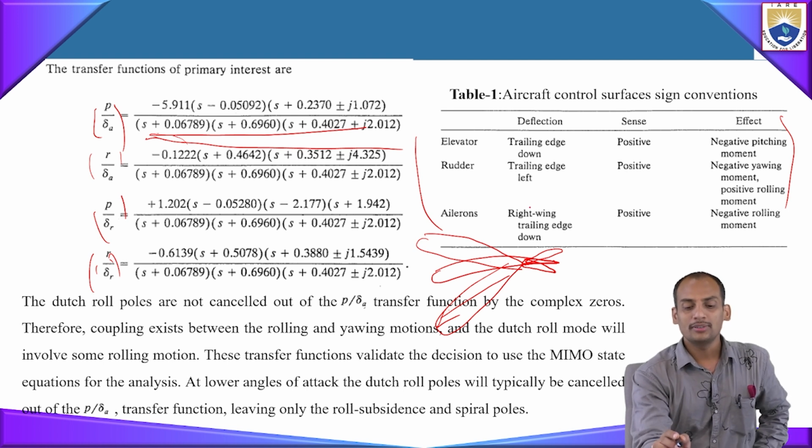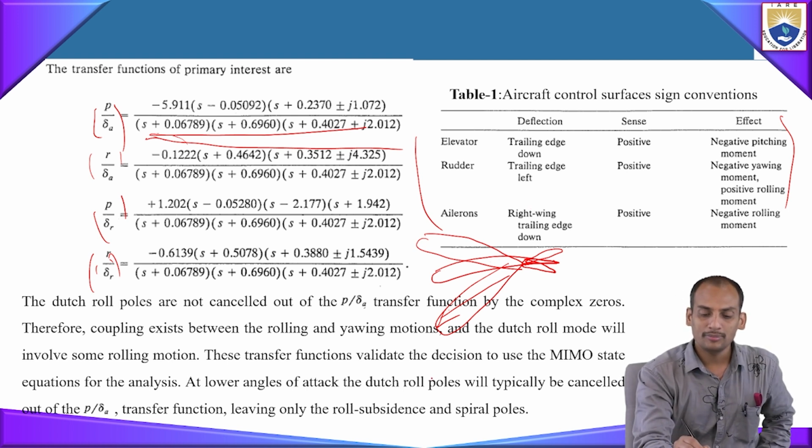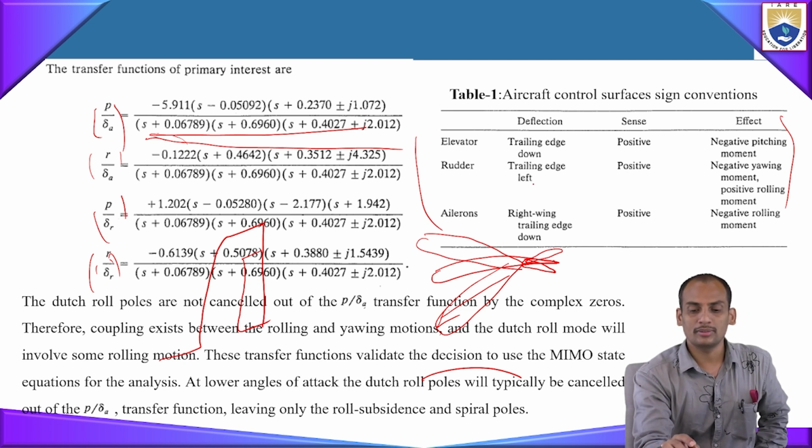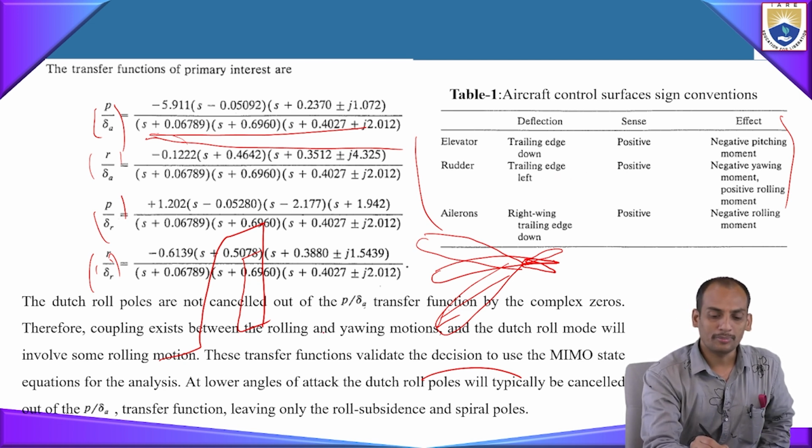And for the rudder, suppose this is the rudder condition. If the rudder deflection is such that the trailing edge is in the left direction, suppose this is the rudder and this is the trailing edge, so this is the left direction and this is the right direction.